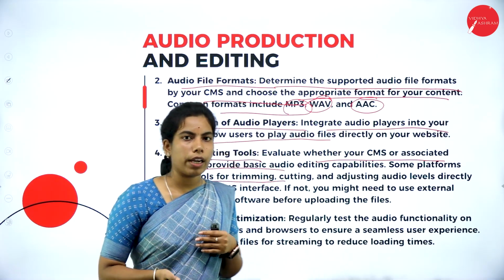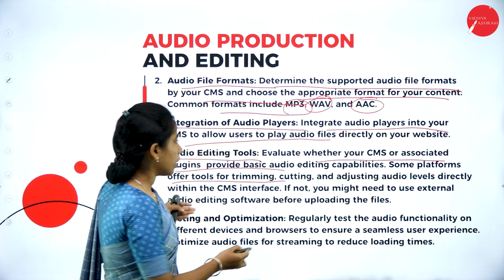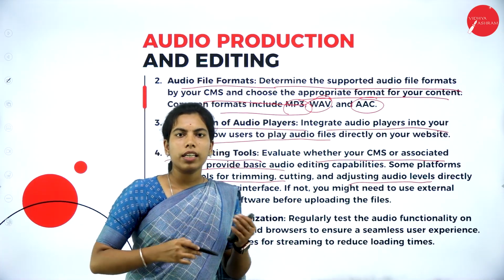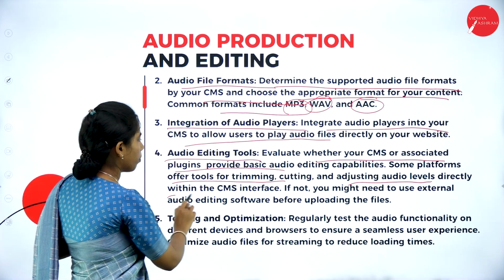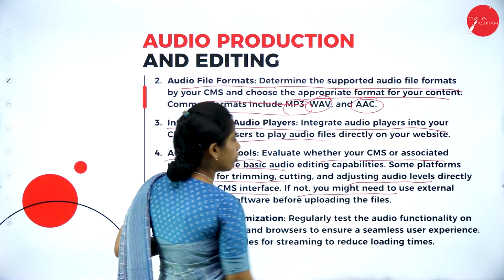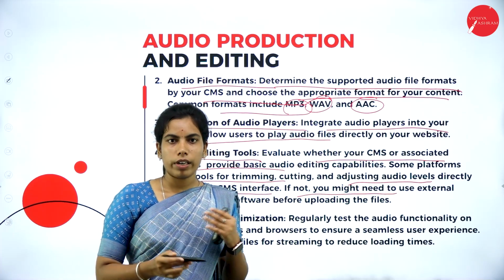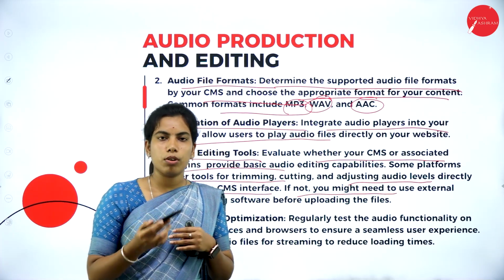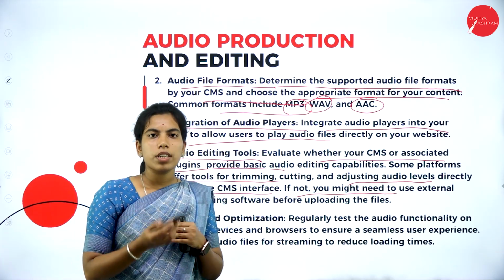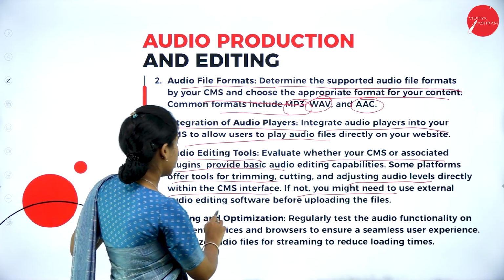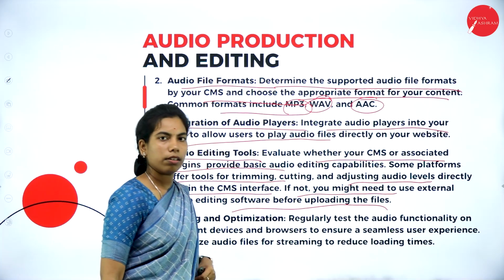We need not pay for audio trimming. That is adjusting audio levels directly, high pitch, low pitch, we can add that, and also within the CMS interface. If not, you might need an external application. If the website is not available for audio trimming, high pitch, low pitch, we can use an external platform to edit that audio. That is audio editing software, then uploading the files.